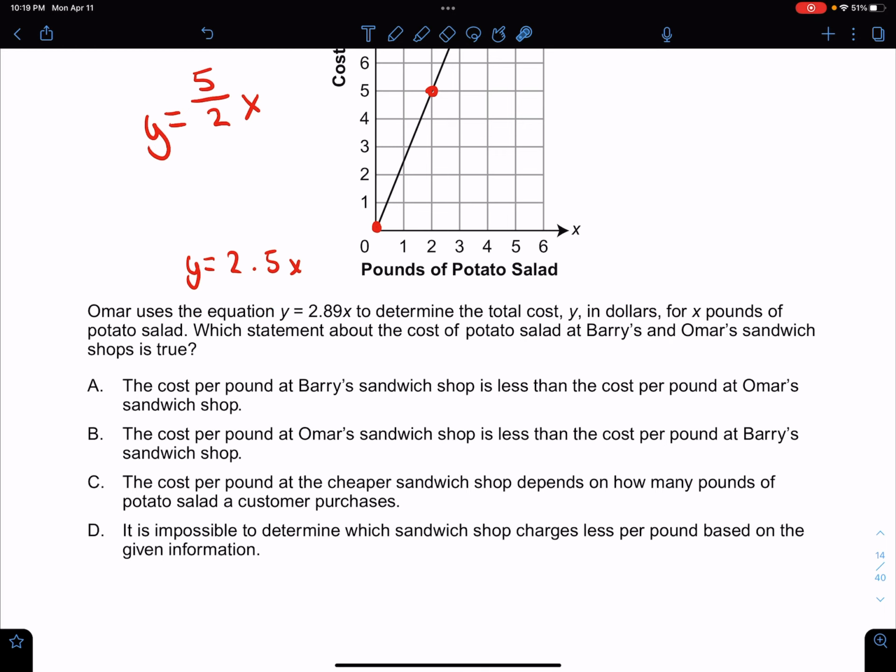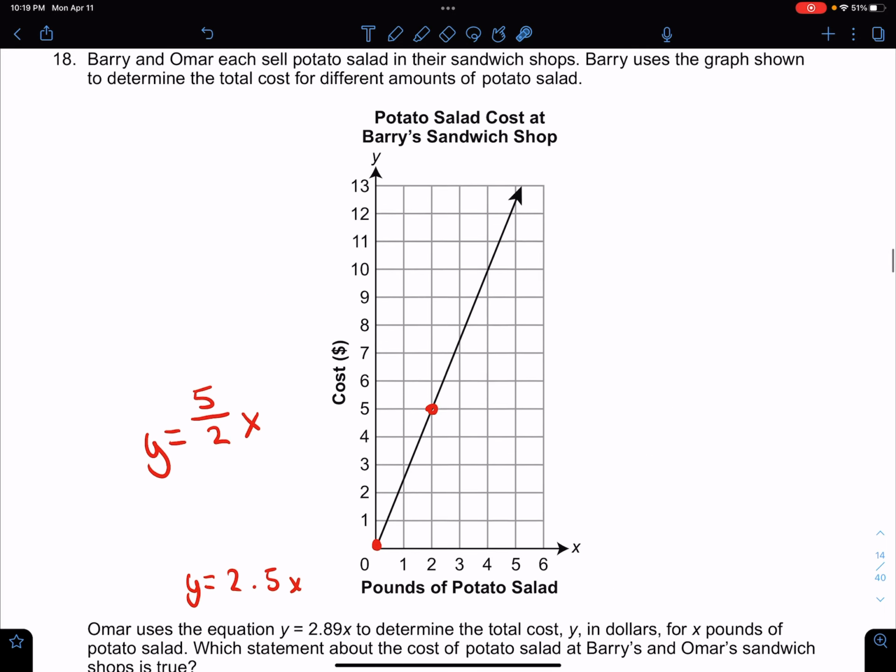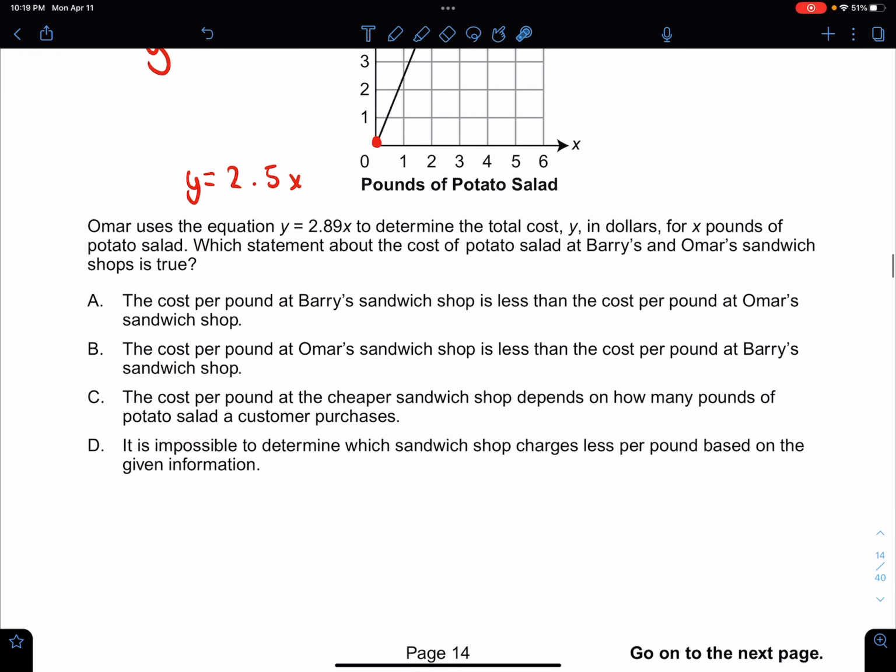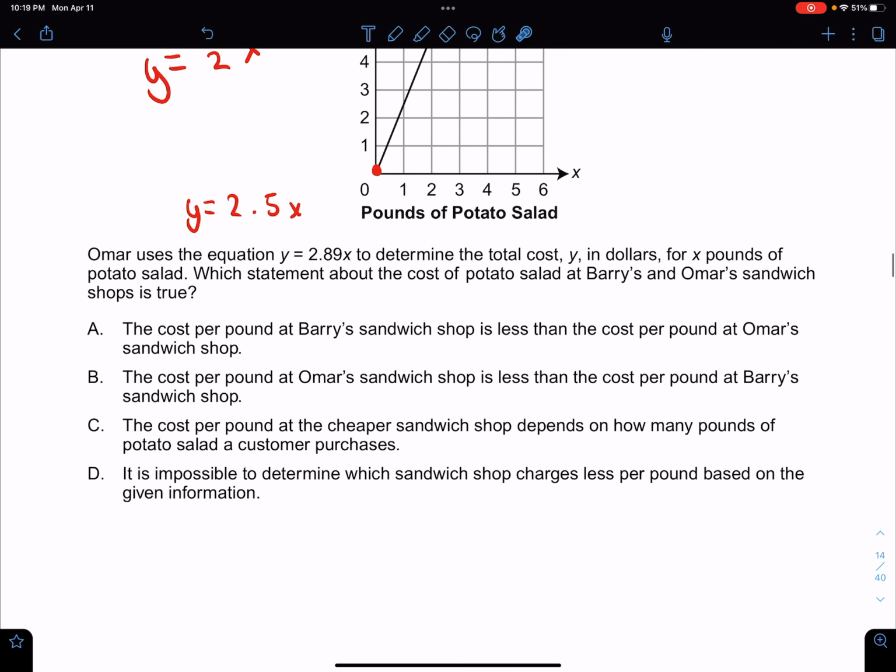Okay, so I'm going to look here at all of my choices. A says the cost per pound at Barry's sandwich shop is less than the cost per pound at Omar's sandwich shop. So I say this is Barry's equation and this is Omar's equation.